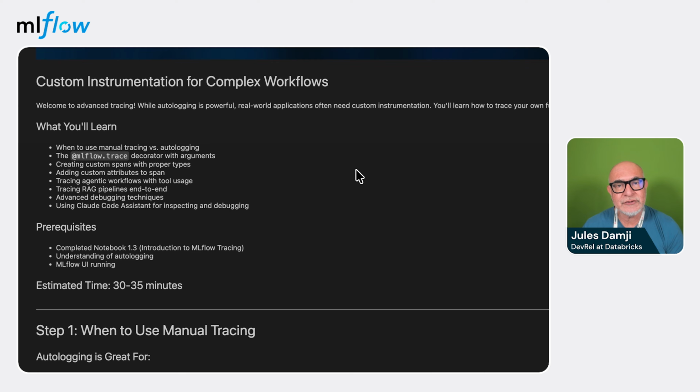And then we use 2 different agentic workflows. One is how to use tool usage as one of the agentic workflows, and then we're going to use a RAG pipeline end-to-end. And then we'll look at how you can use some of those traces for debugging, as well as use the Claude Assistant to inspect your traces and find the root cause analysis.